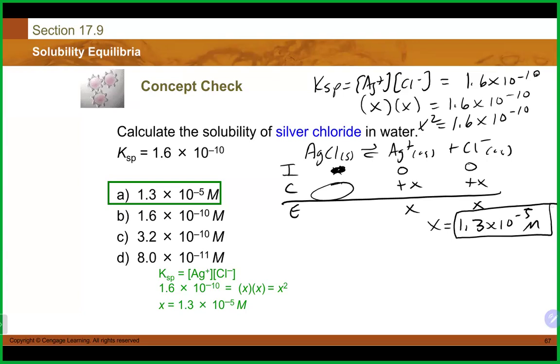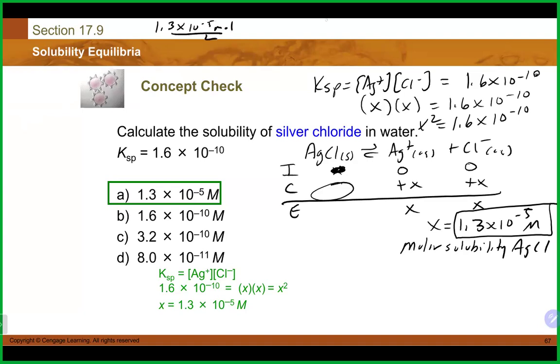And by the way, that is molarity, and that is what is referred to as the molar solubility of silver chloride. It is molar solubility because it's molarity, which means it is 1.3 times 10 to the minus 5 moles per liter.